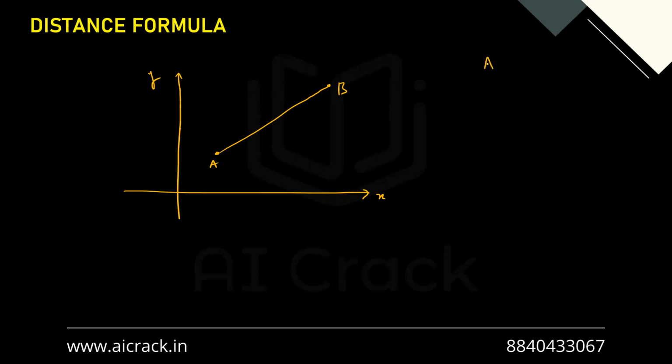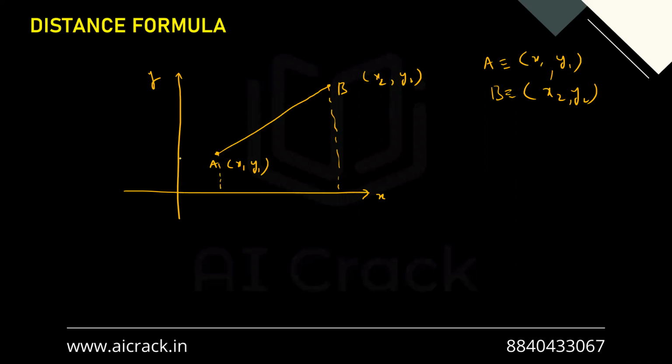Let's say A has the coordinates x1 and y1 and B has the coordinates x2, y2, right? So this is x2, y2, this is x1, y1. Okay. Now I'll start dropping perpendiculars from these points, one perpendicular from A and one from B to the x-axis. Now these all are perpendiculars.